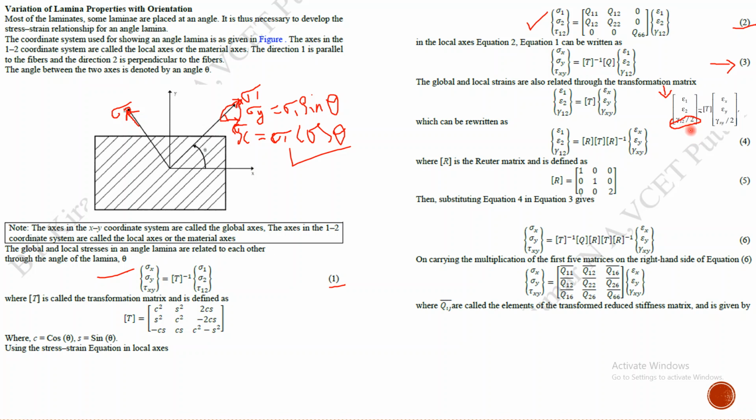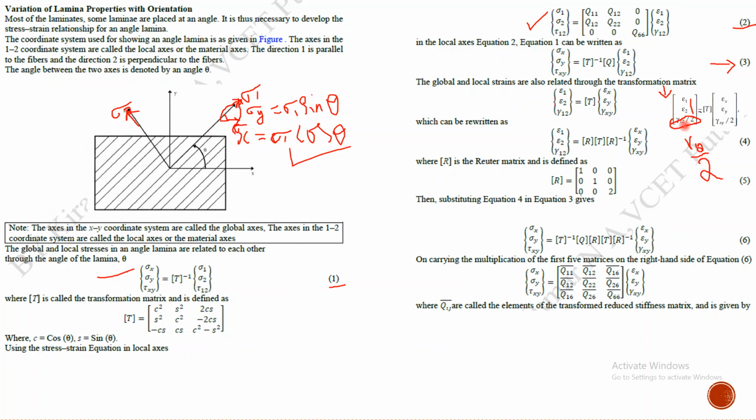Usually strains are classified as engineering strains. These two are normal strains, but this is shear strain. Whenever I want to use the shear strain in this matrix, I have to apply a slight conversion factor: the engineering shear strain divided by 2.